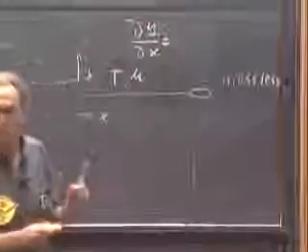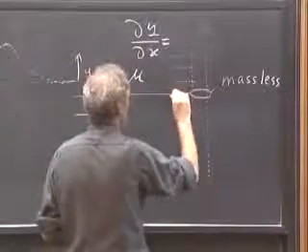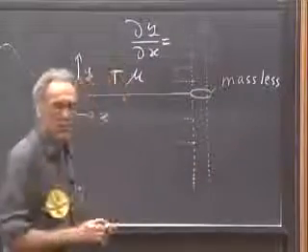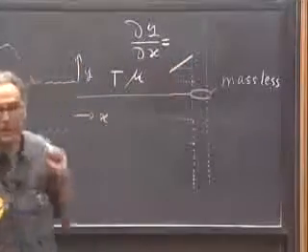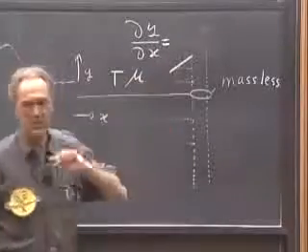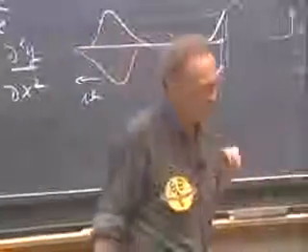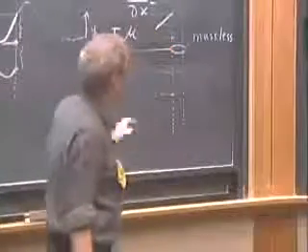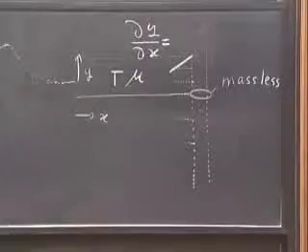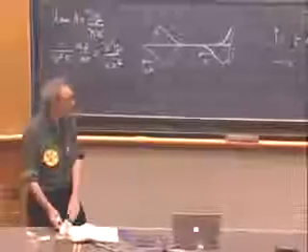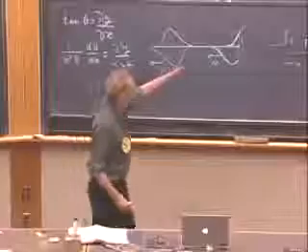If it were not 0, then there would be a force on this ring, because the tension would be in this direction, but the ring has no mass. And so the acceleration of the ring would be infinitely high, which we don't allow. So in the extreme case that you can go to this situation, you will now see something very different. You will see that the string at all moments in time will have to be like this.